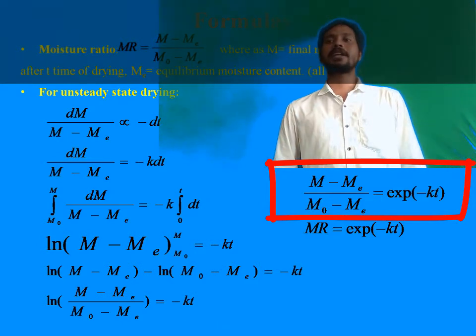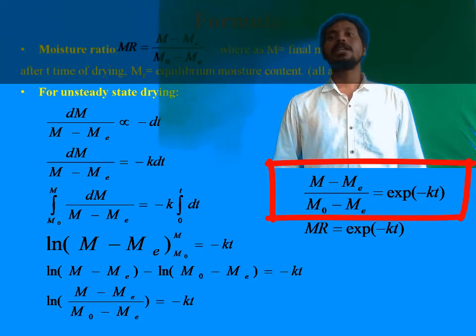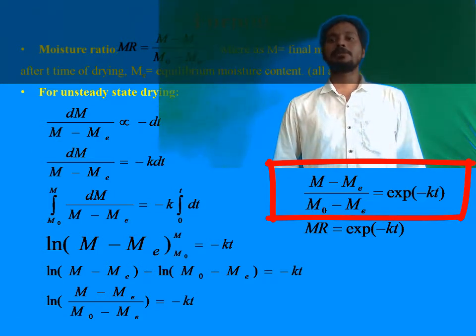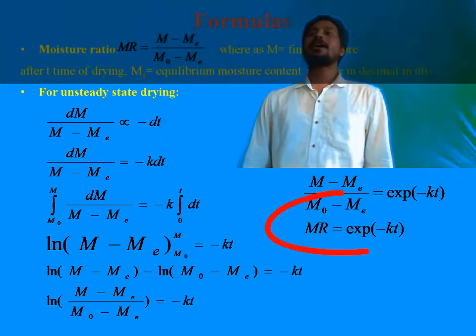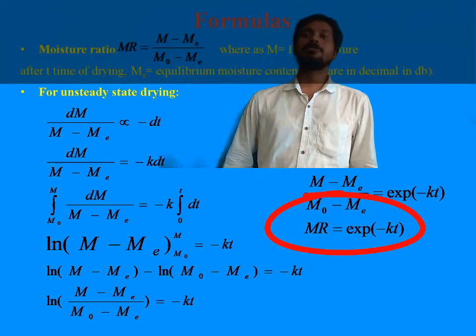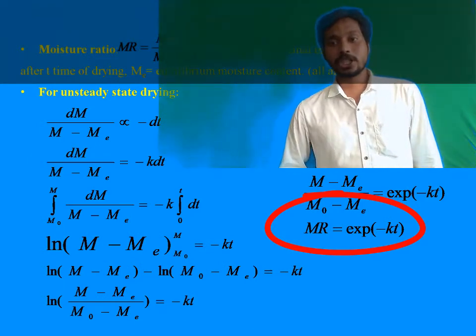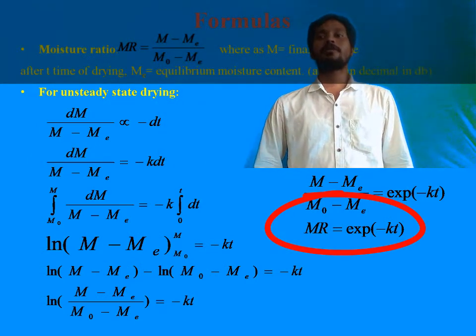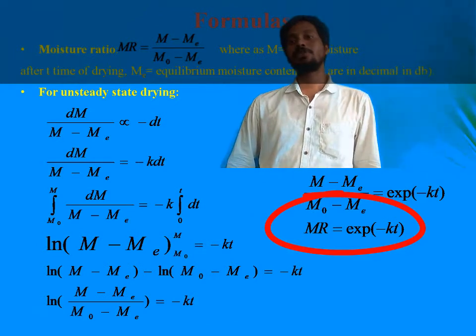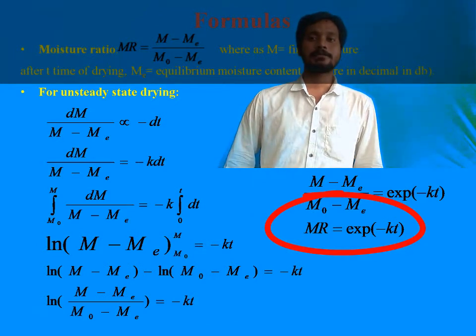Finally we get (m minus me) divided by (m0 minus me) equals exponential of minus kt, and (m minus me) by (m0 minus me) we can write as the moisture ratio. So moisture ratio equals exponential of minus kt. This is the formula of unsteady state drying.